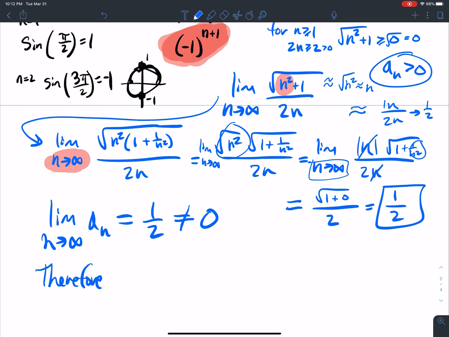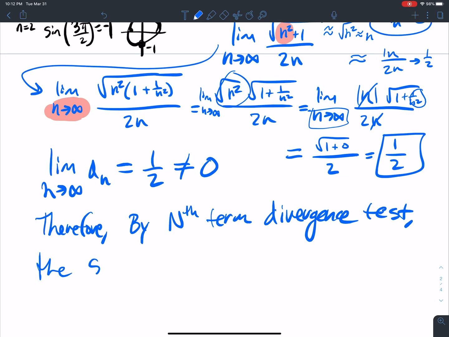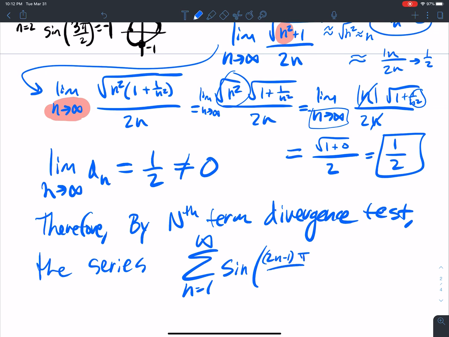Therefore, by the nth term divergence test, the series from n equals 1 to infinity of sine of (2n minus 1) pi over 2 times the square root of n squared plus 1 over 2n diverges. Okay? Diverges by the divergence test. Snuck up on them, right? Okay.